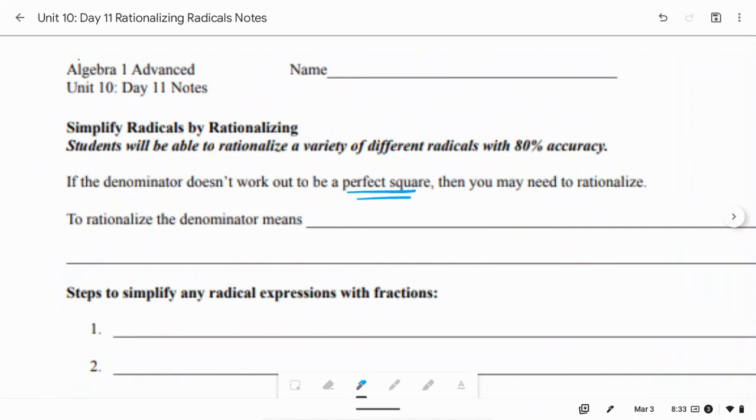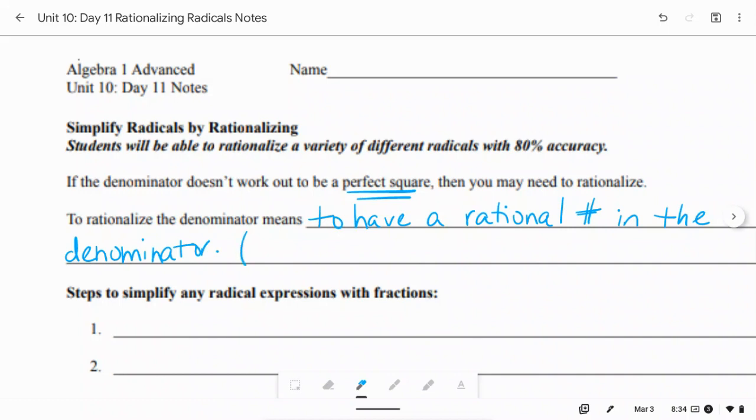To rationalize the denominator means to have a rational number in the denominator, or that's just a fancy way of saying get rid of any radicals that may be in the denominator.